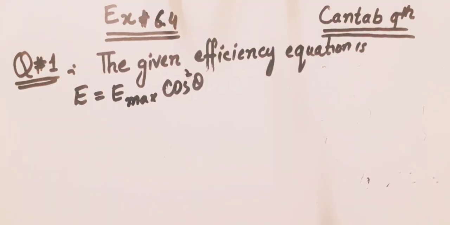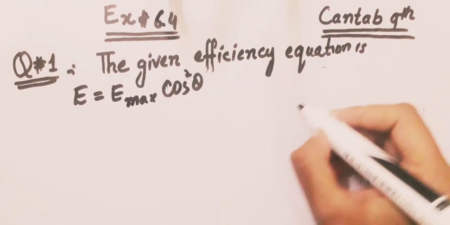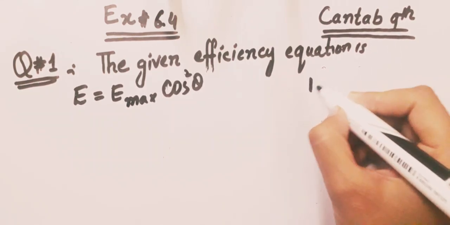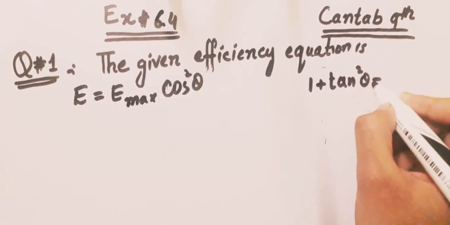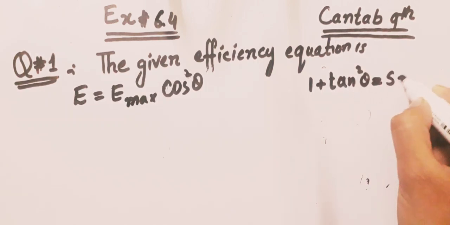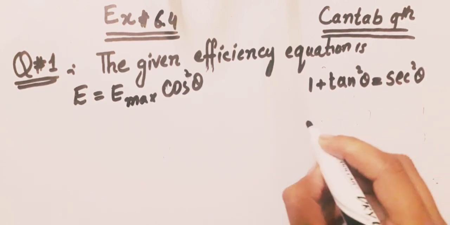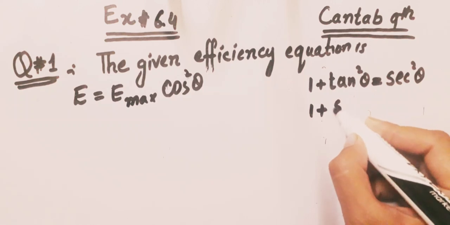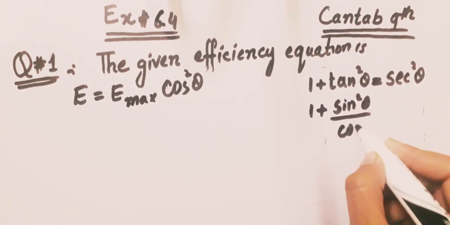For this purpose we will use the identity that is 1 plus tan square theta is equal to secant square theta. We will prove this as 1 plus sin square theta over cos square theta.